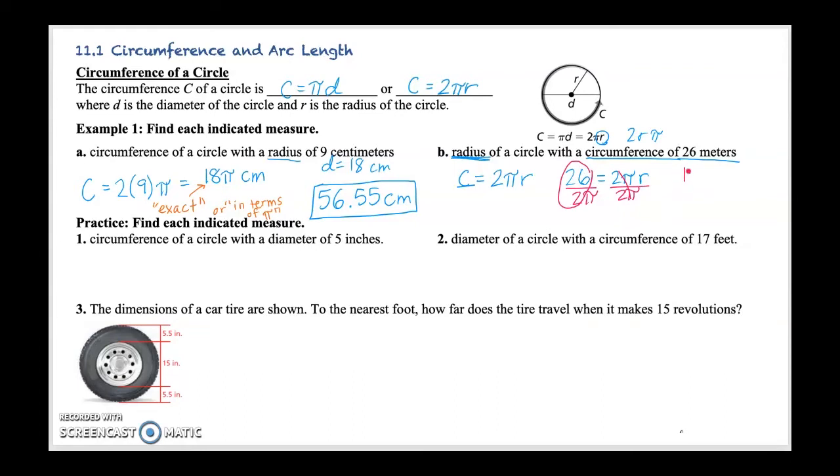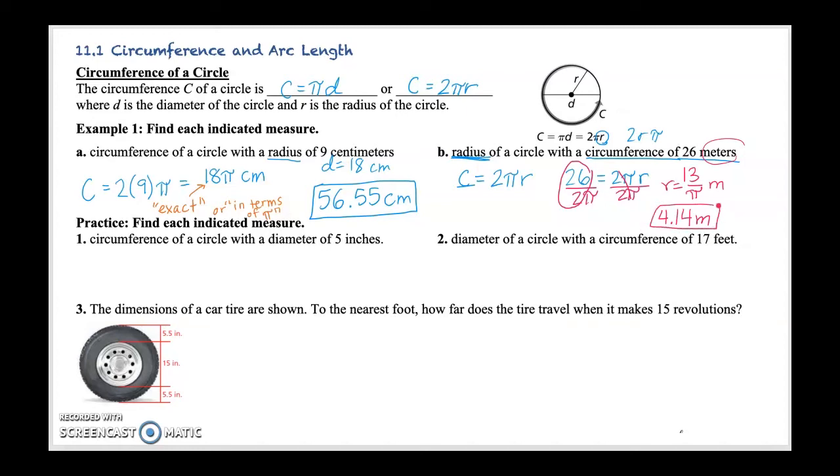So my exact answer for this radius would be 13 over pi meters. And if I wanted to get an approximate answer, and we'll go to the nearest tenth, I would put in my calculator 13 divided by pi, and again use the pi button, and we get 4.138, so that would round to about 4.14 meters.